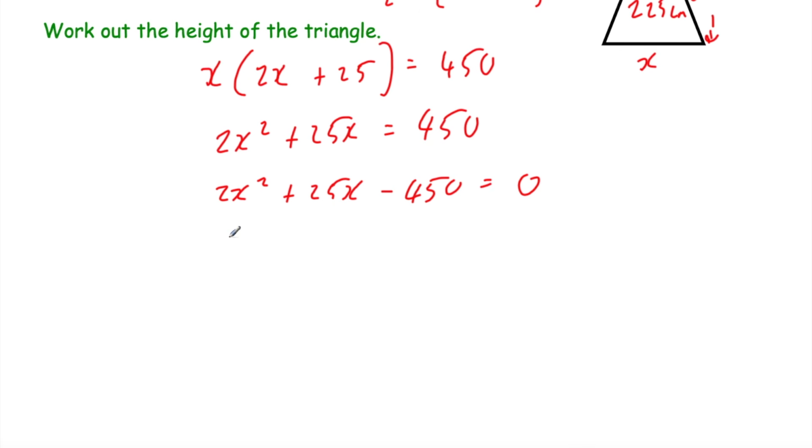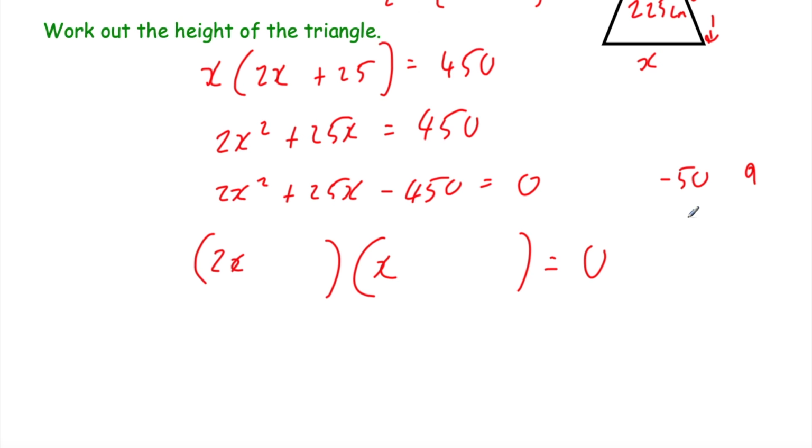Okay, now we want to solve this, so let's try and factorize it. So bracket, bracket, and hopefully it'll factorize. Because it's 2x squared, we're going to put 2x in the front of one bracket and x in the front of the other bracket. So we've got 2x and x. And we want two numbers that will times together to be minus 450. And when we put those two numbers in the brackets and expand the brackets, we get 25x.